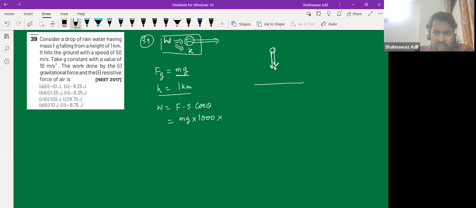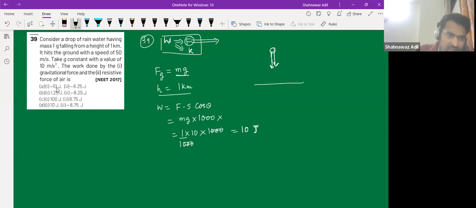So theta is 0, which means that cos 0 is 1. So this would be mgh. m is 1 gram, which is 1 by 1000 kg, g is 10, and h is 1000, so that would be 10 joules. Clear? This would be the work done.